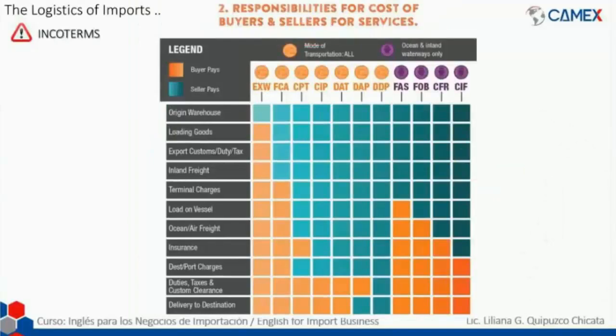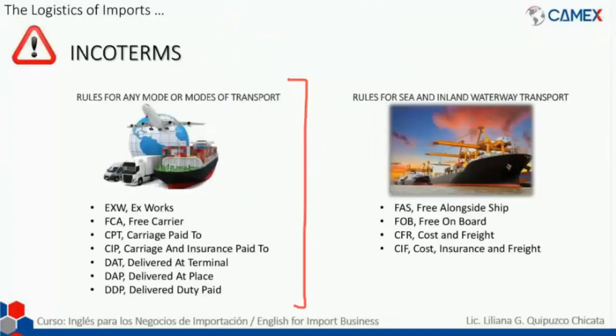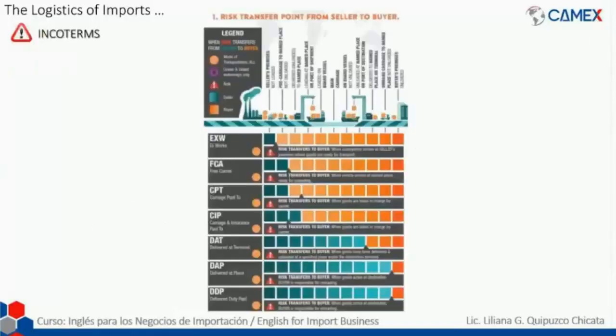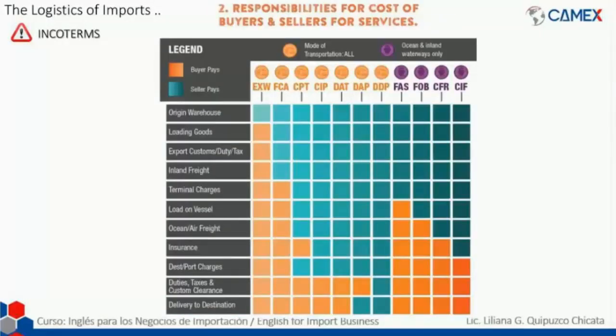Okay, so now we know how to handle the logistics of imports, right? We've learned the terms. We learned that there are two groups of rules, one for any mode or modes of transport, and the other one for sea and inland waterway transport. We know that we have to be very careful with the risk transfer and also with the responsibilities for cost.